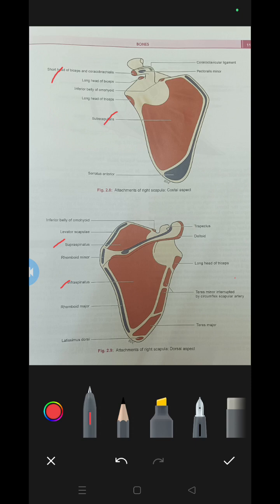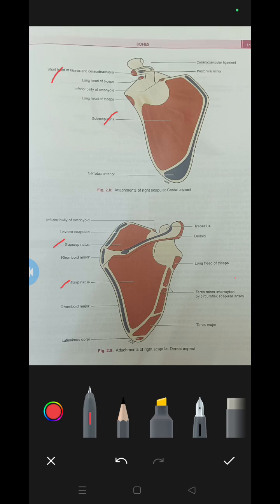Infraspinatus arises from the medial two-thirds of the infraspinous fossa, including the lower surface of the spine. I have told you the spine is present in the dorsal aspect, dividing the scapula into the supraspinous fossa and the infraspinous fossa, which give rise to supraspinatus and infraspinatus.